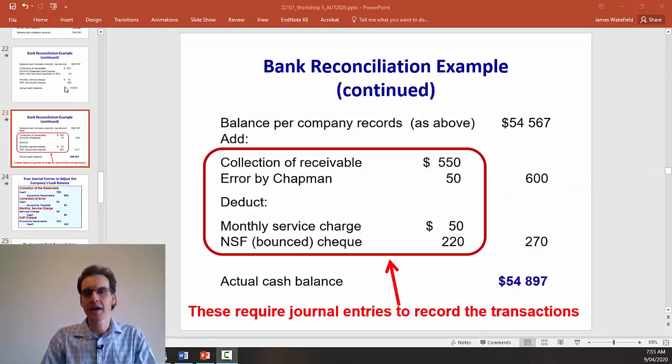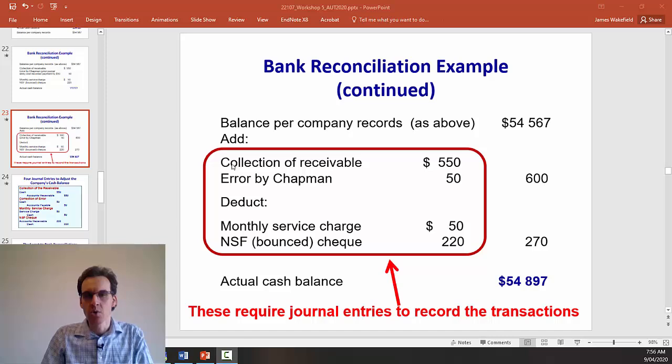So based on the information that we discovered when we reviewed the bank statement and discovered the transactions that were missing from our business's records, we then need to record a number of journal entries to reflect that information in our business's records, right?